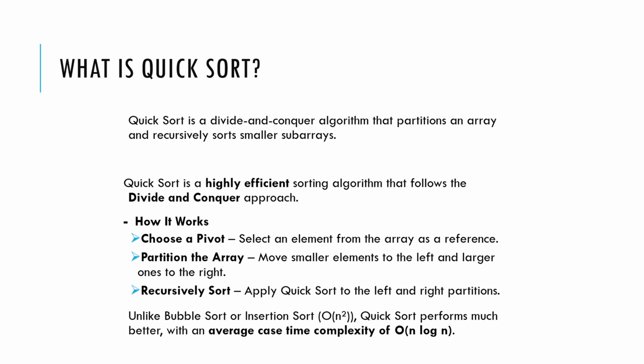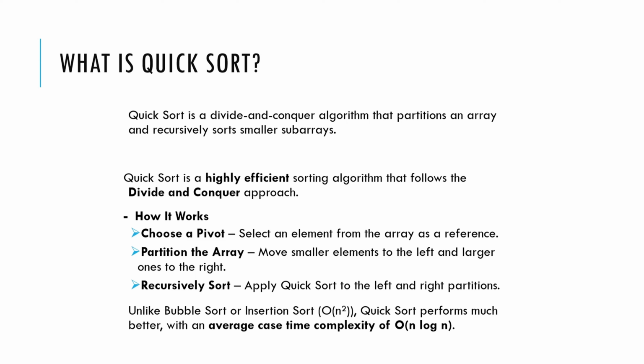We select an element from the array as a reference. Then we partition the array with smaller elements on the left and larger elements on the right. We recursively apply quicksort to the left and right parts. When all parts are small enough, the array becomes sorted.